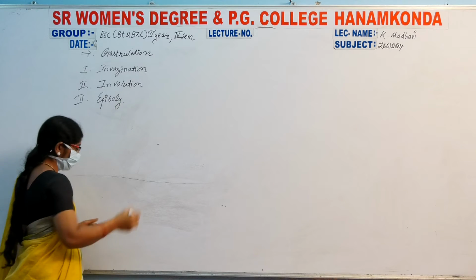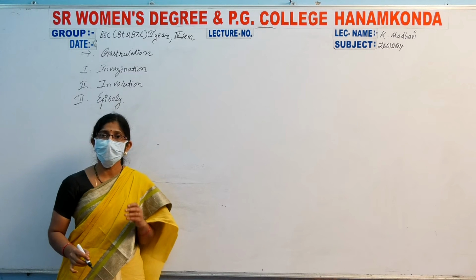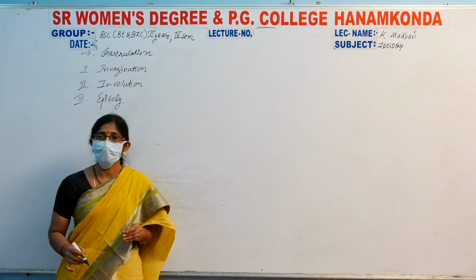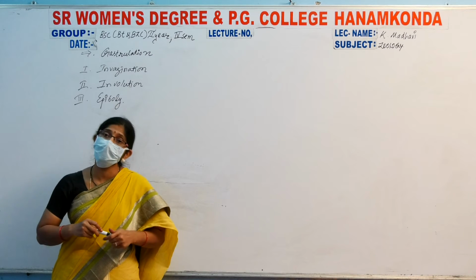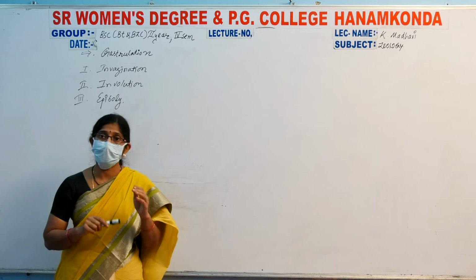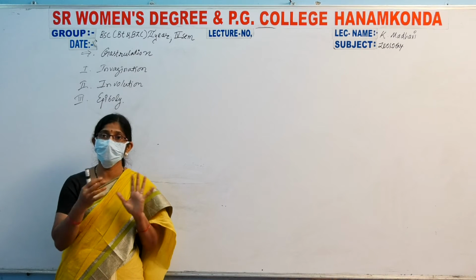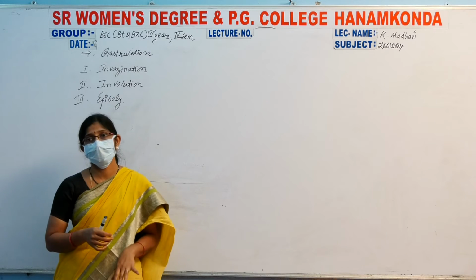These three important processes are included in gastrulation. Gastrulation means the formation of the three primary germ layers, which are ectoderm, endoderm and mesoderm.